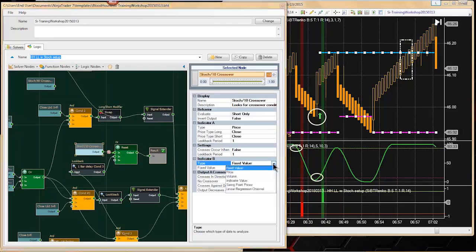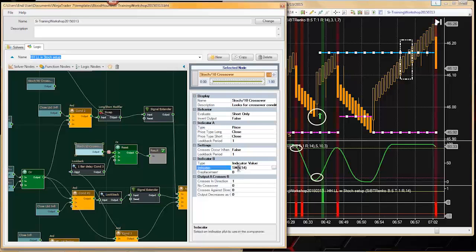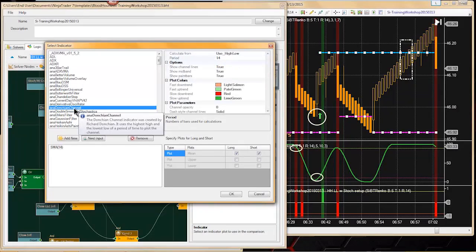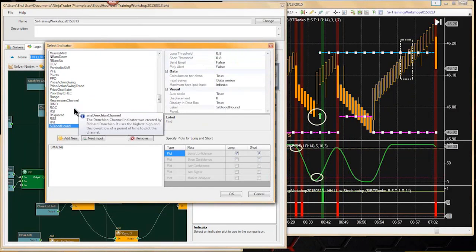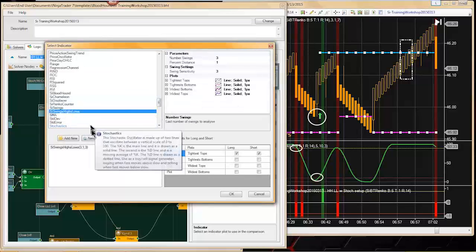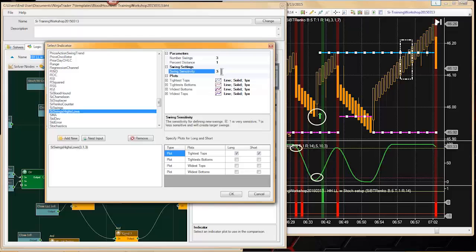So let's change indicator B to use an indicator, and now we can set our swing high-low indicator here. All right, set up the settings correctly.